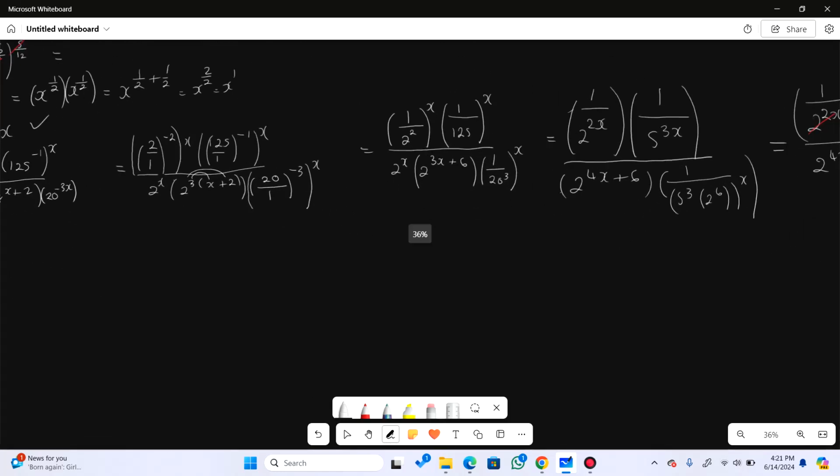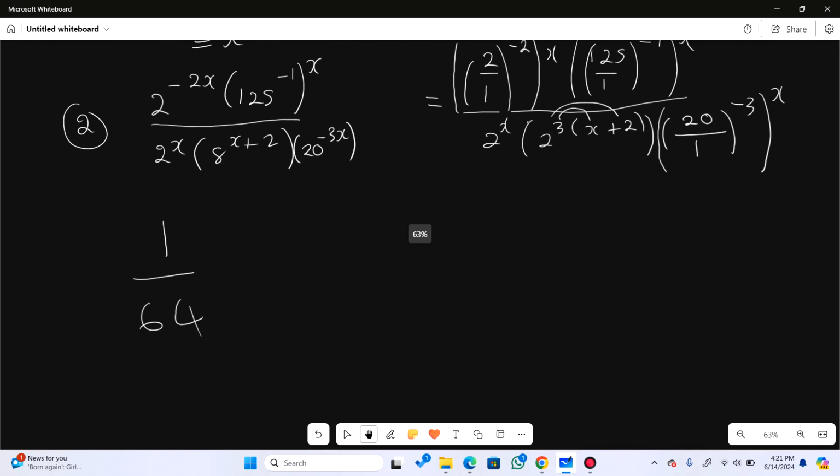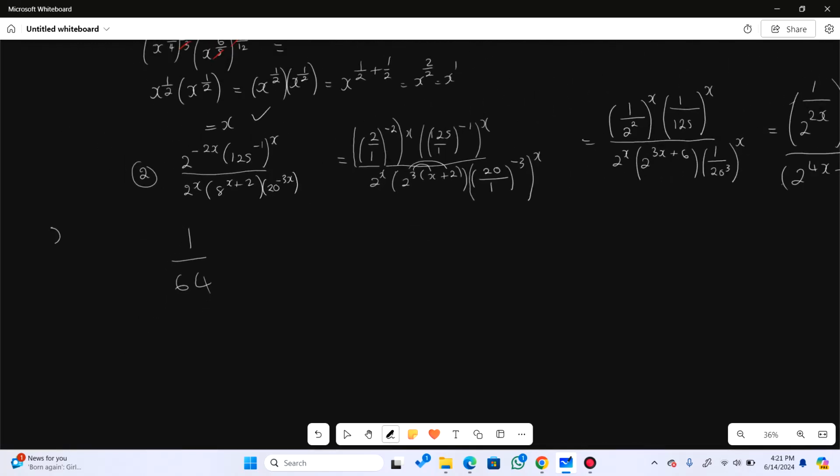Okay, so now let us say x is equal to 1. Now plug in the value of x in the original expression and check whether your final answer will give you 1 over 64. Alright, let us do that.